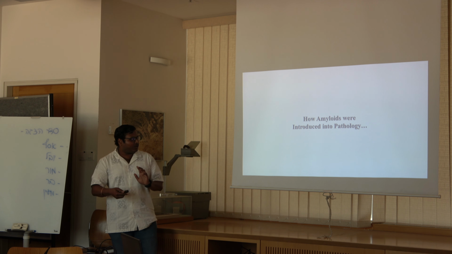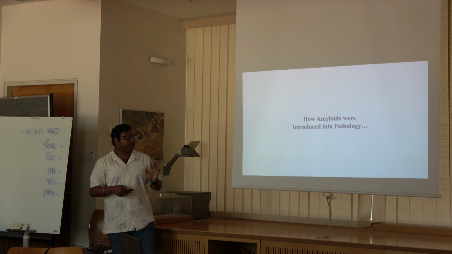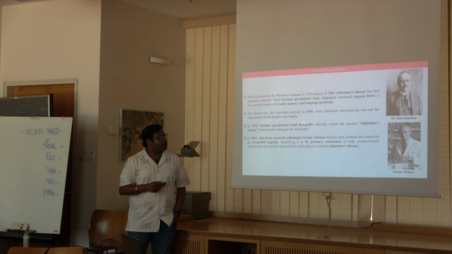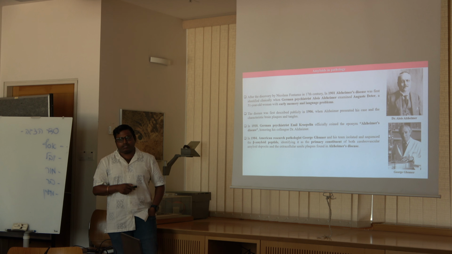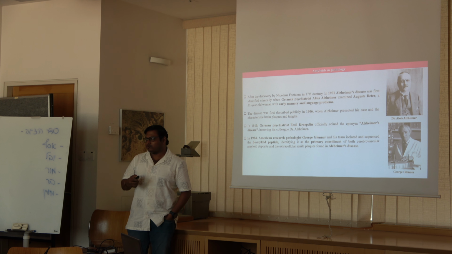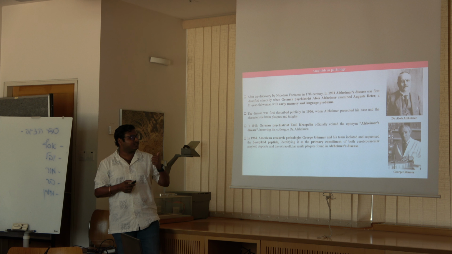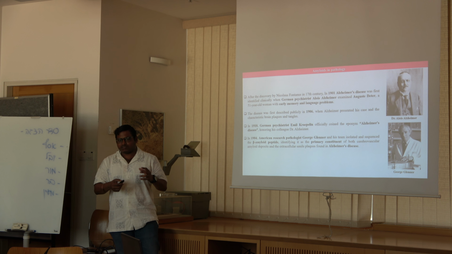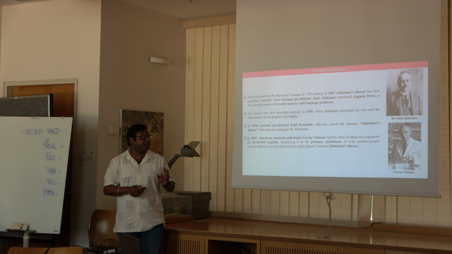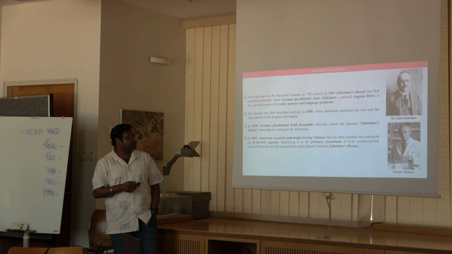But now I'll jump to another very important thing, the introduction of amyloids in pathology. After the discovery by Nicholas Fontanes, I hope you remember from the first slide, who discovered the amyloidaceous substances in liver or spleen, almost 2 centuries went past.